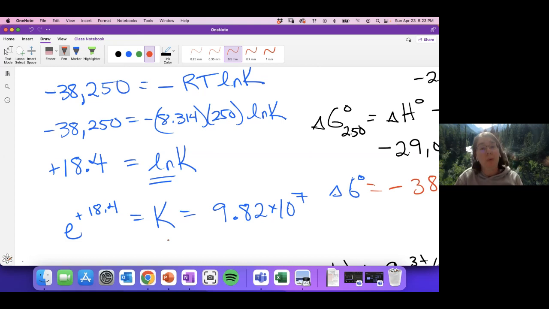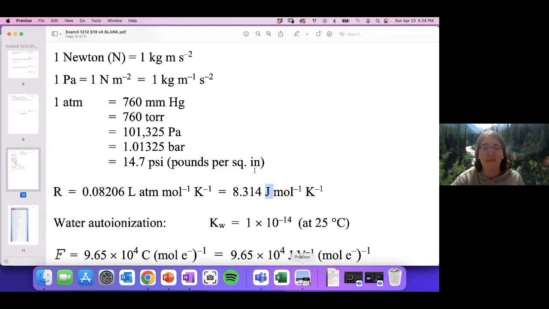So you will likely have control over which way you go. And again, just remember that even though you may have done enough example problems that you may very well have that 8.314 memorized, that 8.314 is in joules, not kilojoules. But that information's on the back page of the exam.